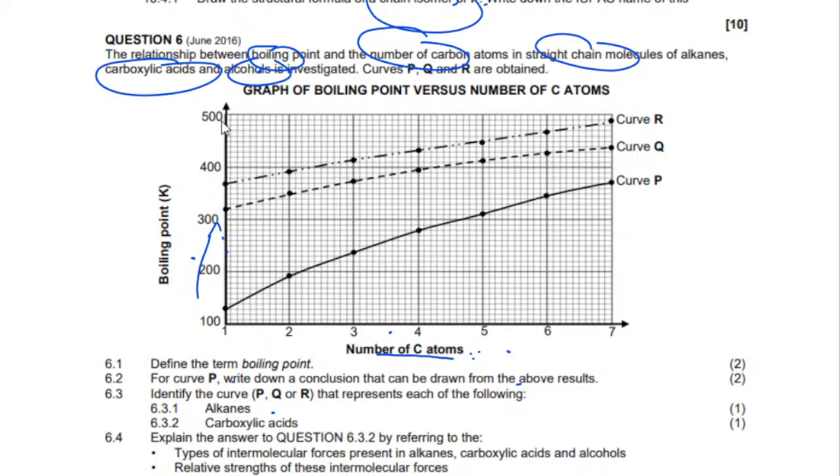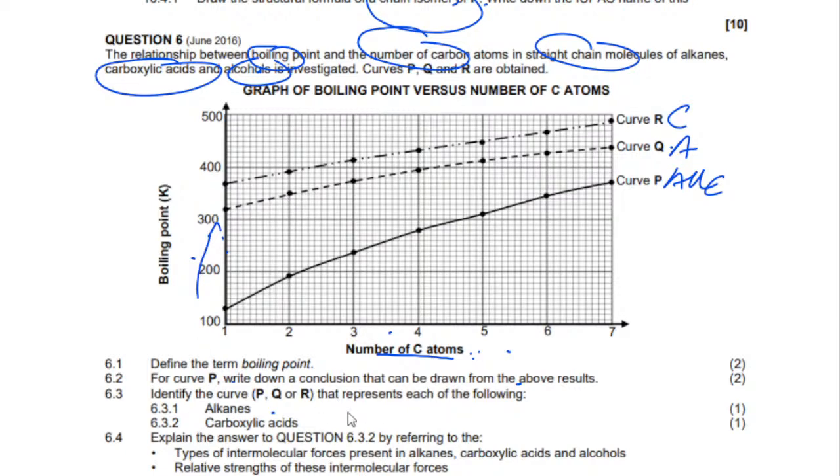So it means that it's able to have a higher boiling point. So definitely this is going to be carboxylic acid, then alcohols, and then alkanes, because the boiling points are low.